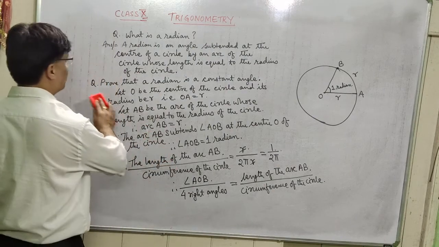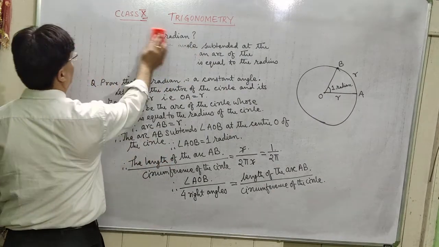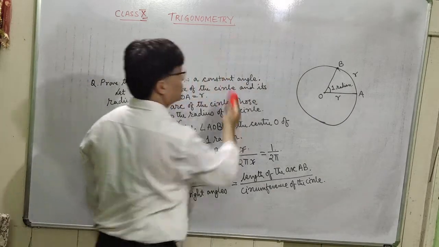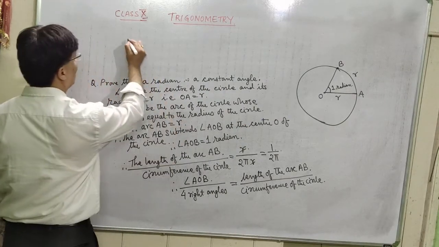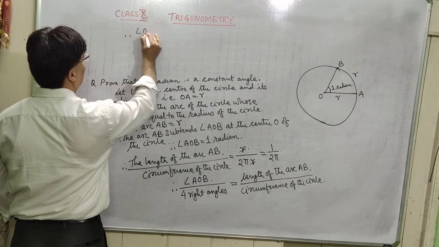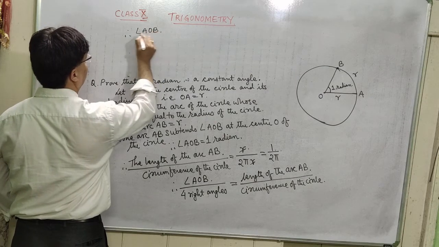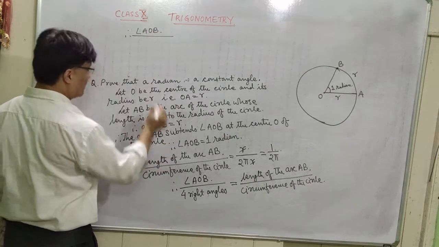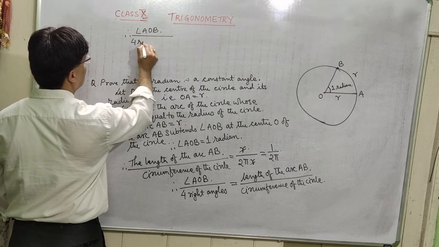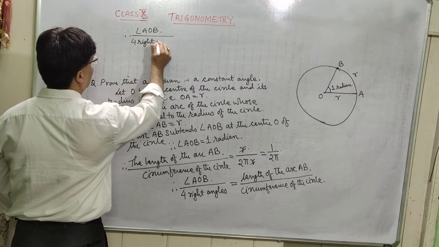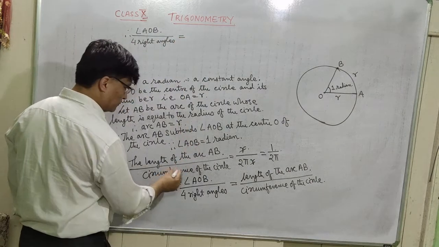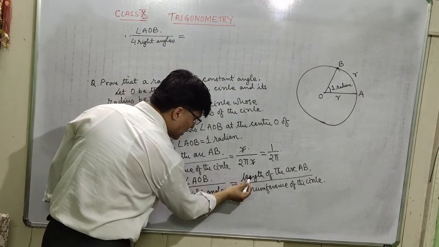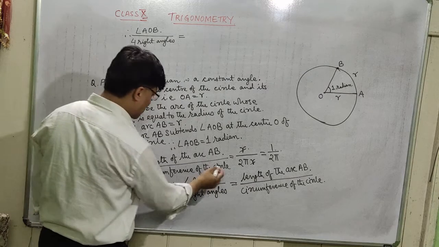So now in this case we can write, therefore angle AOB divided by 4 right angles is equal to the length of the arc AB divided by circumference of the circle.